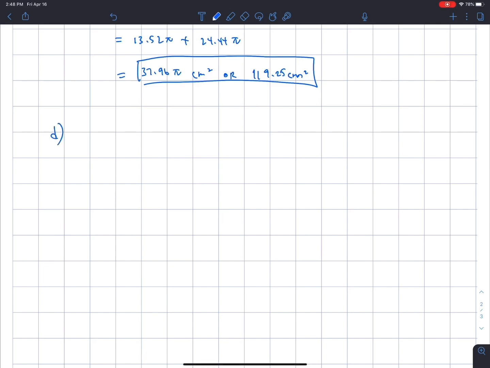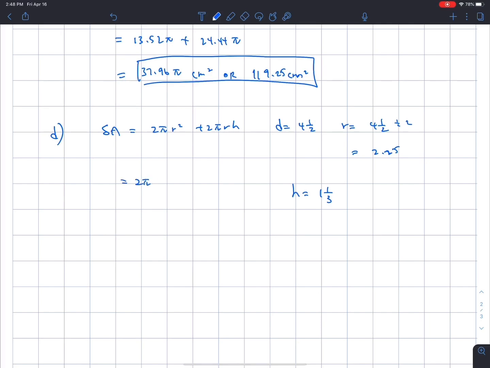D. Surface area equals 2 pi r squared plus 2 pi rh. So we were told that the diameter is 4.5, which means radius is 4.5 divided by 2. We should get 2.25. And the height is 1 1/3.